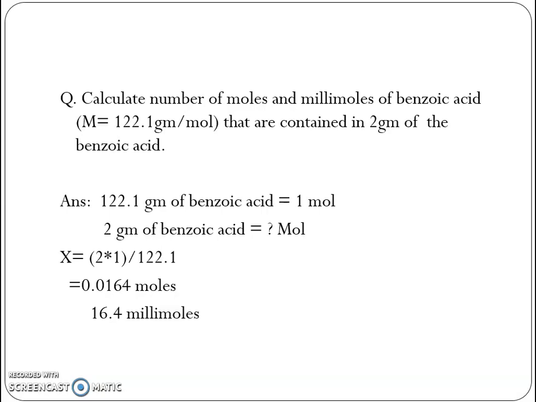Now we want to find out the number of moles in 2 grams. So 2 gram of benzoic acid will give how many moles? So we can put it X and cross multiply, and the answer is 2 gram of benzoic acid contains 0.0164 moles. So you can convert it into millimoles. It will be 16.4 millimoles.